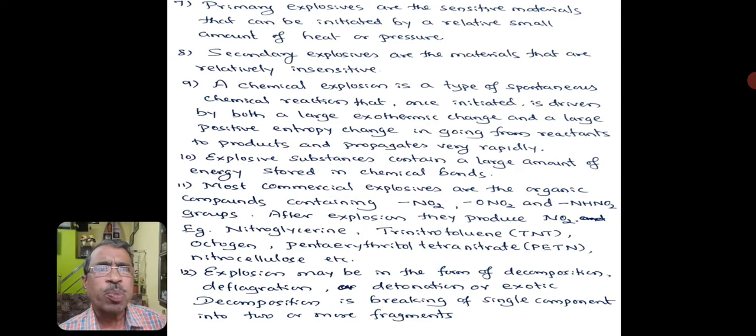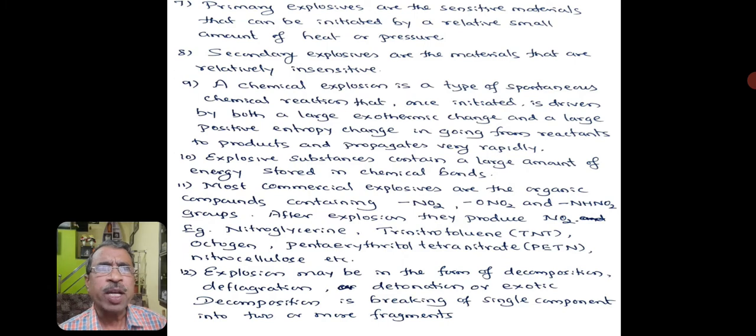A chemical explosion is a type of spontaneous chemical reaction that, once initiated, is driven by both a large exothermic change and a large positive entropy change in going from reactants to products, and propagates very rapidly.